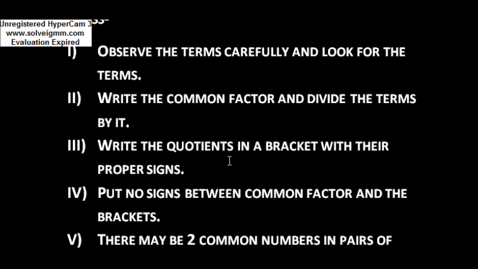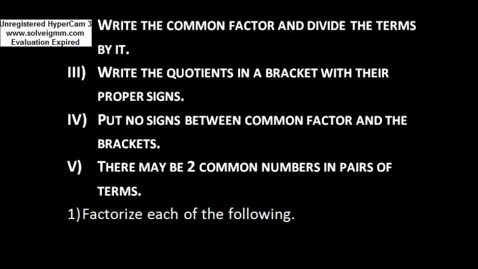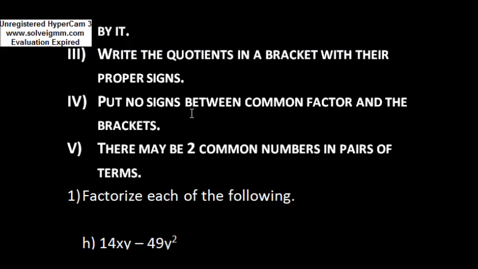You will write the common factor outside the bracket, and inside the bracket the quotients with their proper signs. Put no signs between common factor and the brackets. Most of the students make this mistake also. They put signs between common factor and the brackets. This is wrong. You will not take any sign between common factor and the brackets.